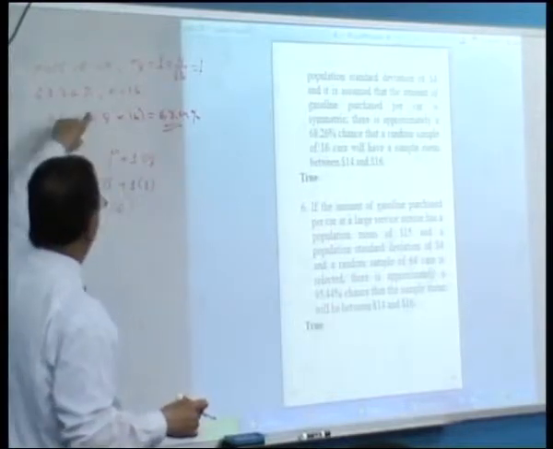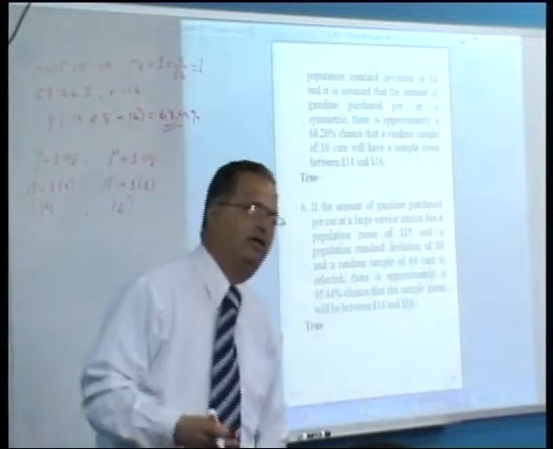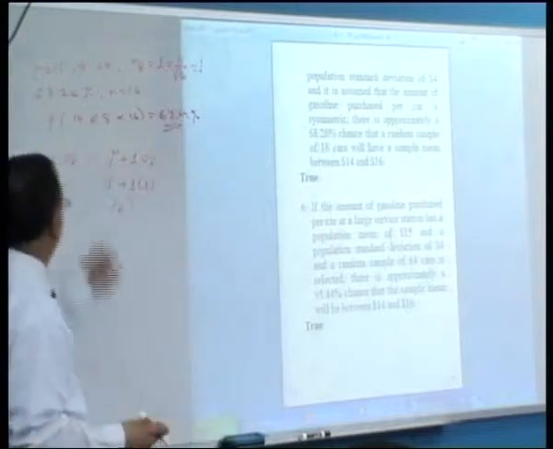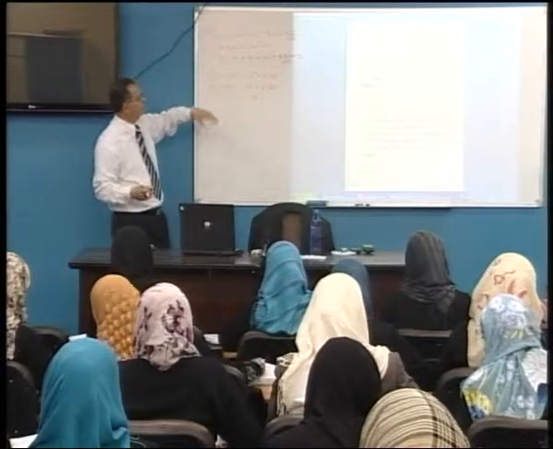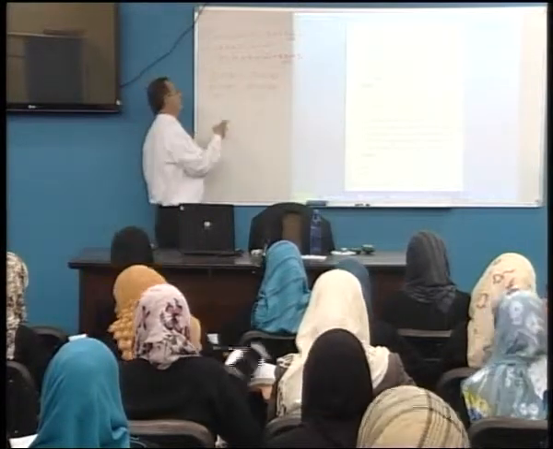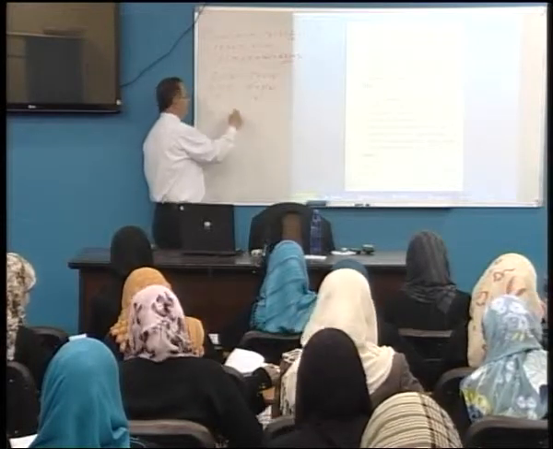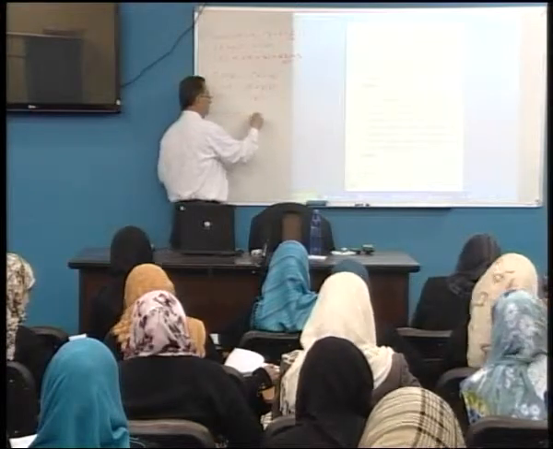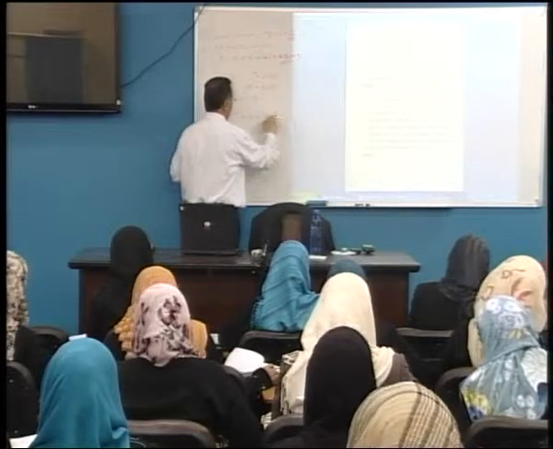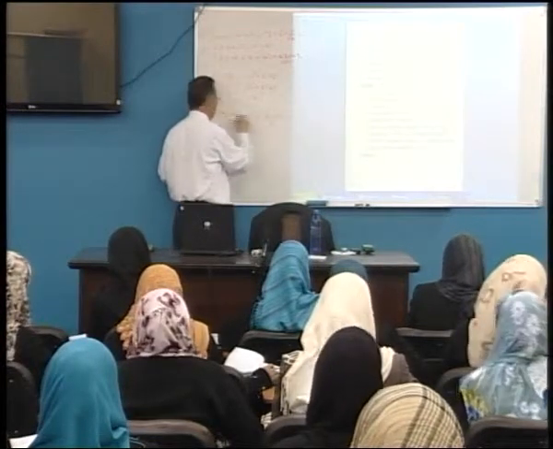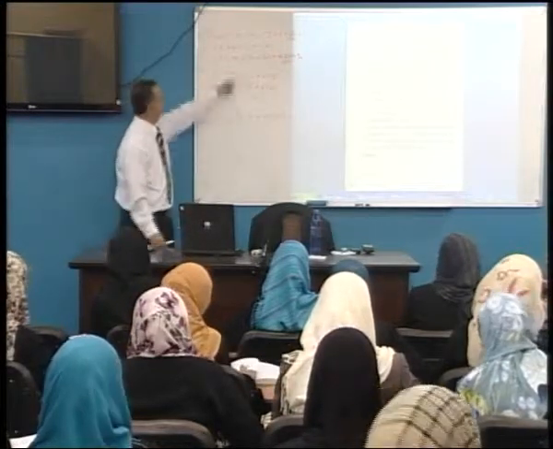Because we know that 68% of the data will fall within 1 standard deviation around the mean. So it's very quick to get your answer this way rather than using the exact calculations, because for the exact one you have to do 14 minus the mean, divide by sigma, z, then 16 minus the mean, divide by 1, then use the normal table. So use the empirical rule in this case.